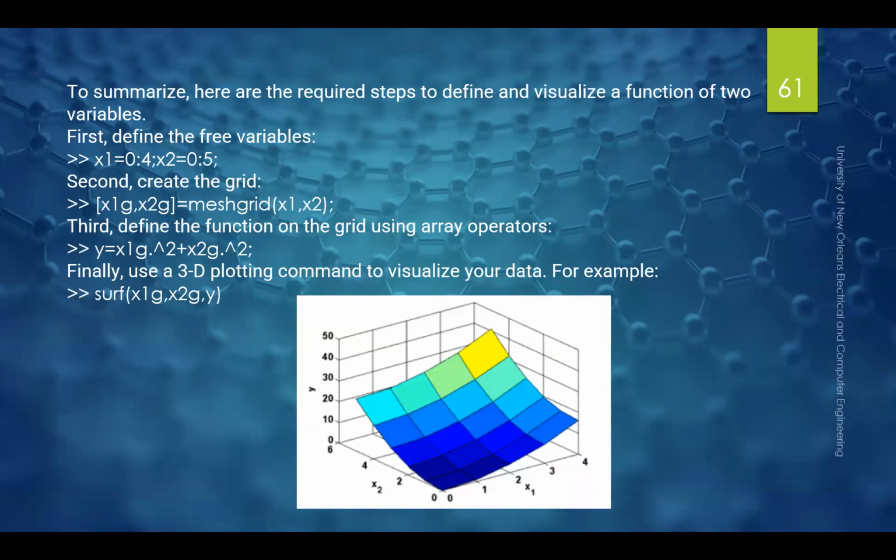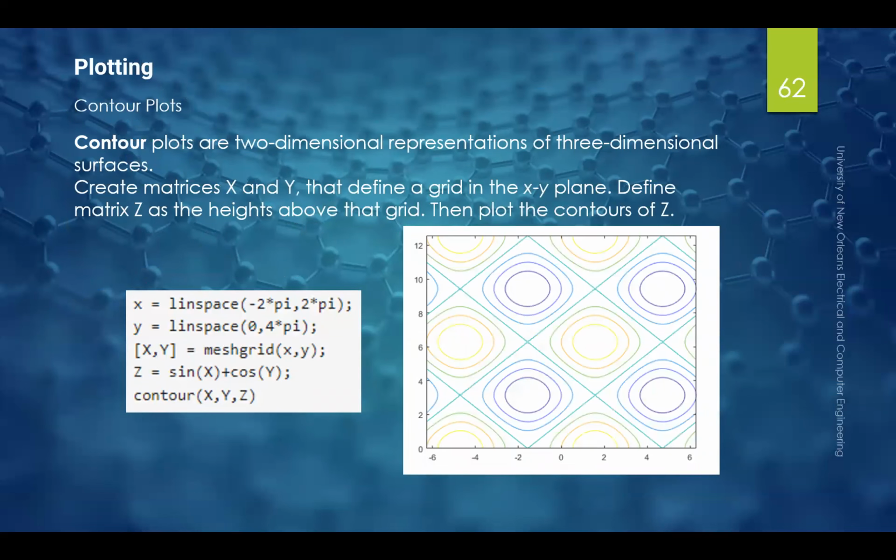All right, so let's move on now to another feature of plotting, which is contour plots. Contour plots are two-dimensional representations of a three-dimensional surface, right? This is what you will see if you take a bird's eye view of a three-dimensional plot. It creates matrices X and Y that define a grid in the XY plane. And we define the matrix Z as the heights above that grid, then the contours are plotted for that Z variable.